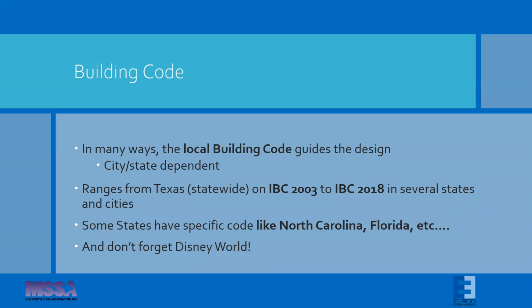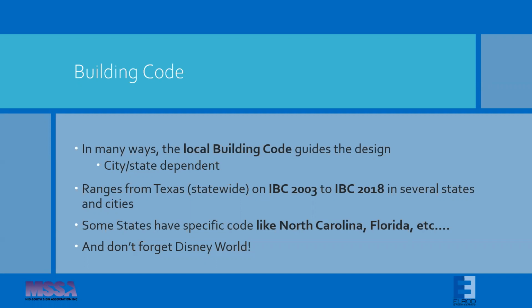For example, in Texas, it ranges from the default statewide building code of 2003 to, actually, I need to update this slide, it's several cities in Texas have already adopted the 2021 building code. So you have anywhere from 2003 to 2021 within the same state, and sometimes even within a local region within a state.